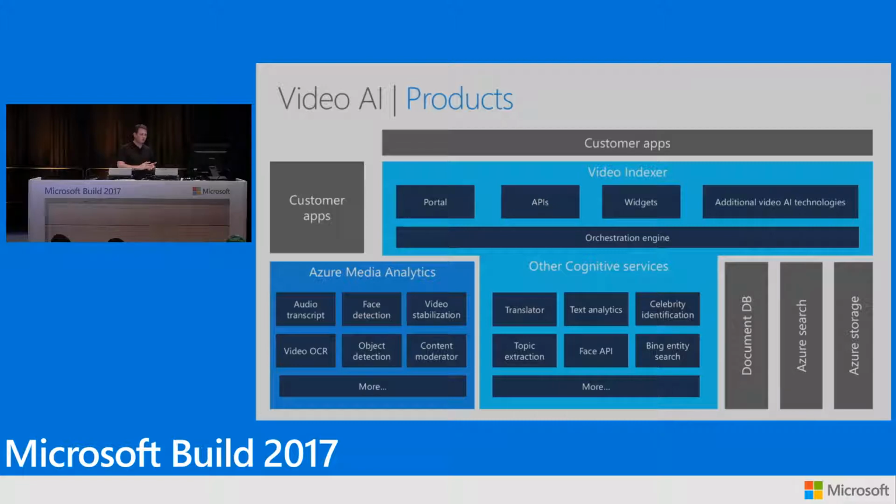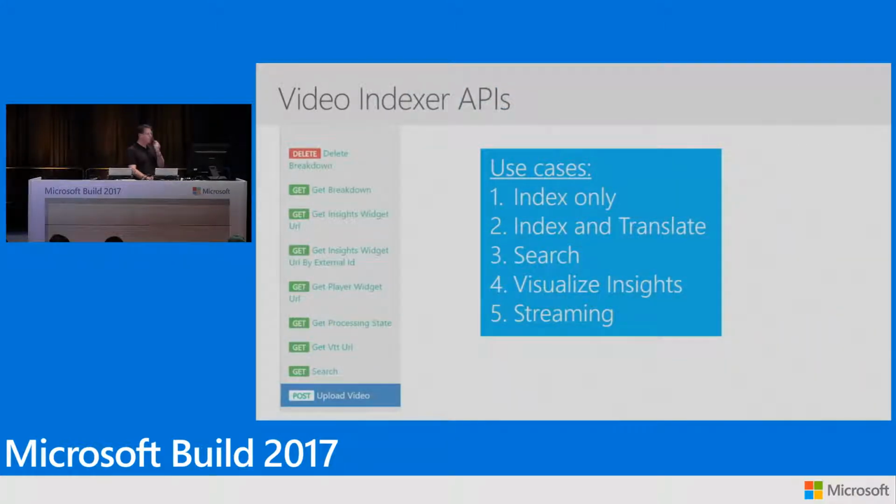It also leverages DocDB and Azure Search in order to provide all of those search capabilities, and offers APIs and widgets. So since this is a developer event, I'd like to focus on the APIs themselves for a moment and walk you through them.